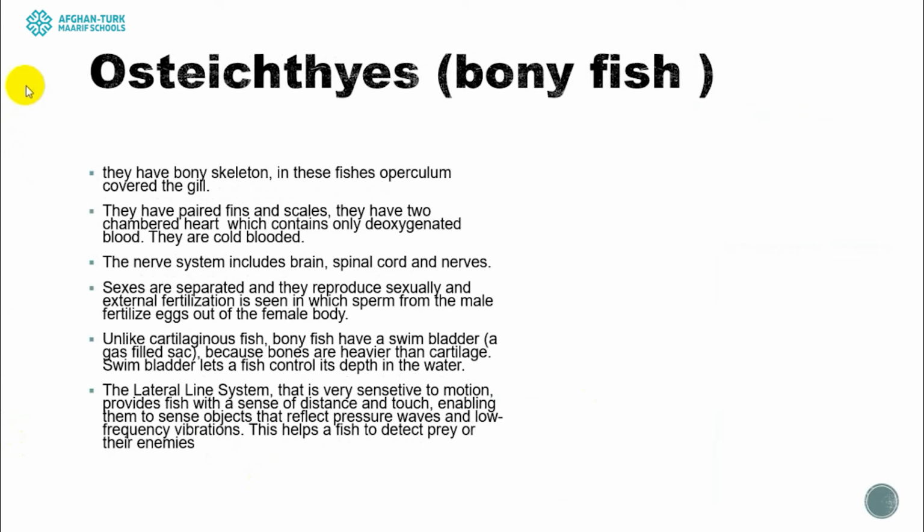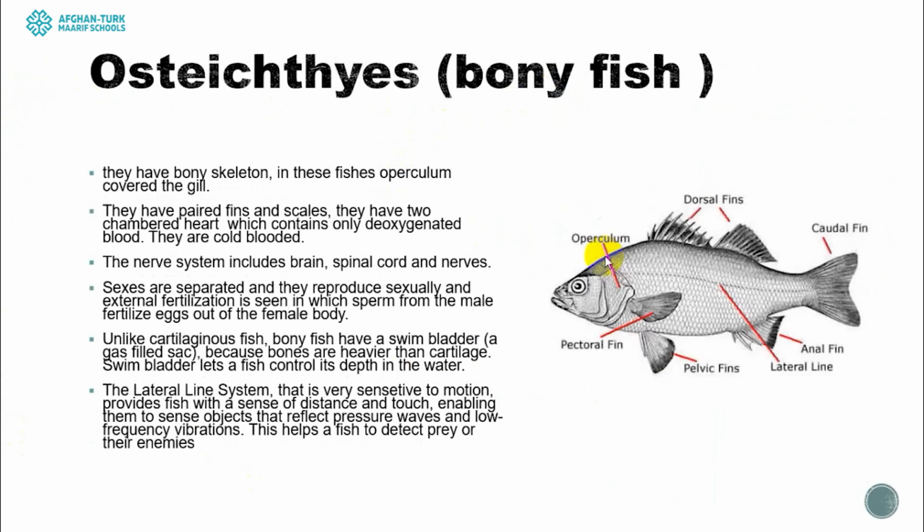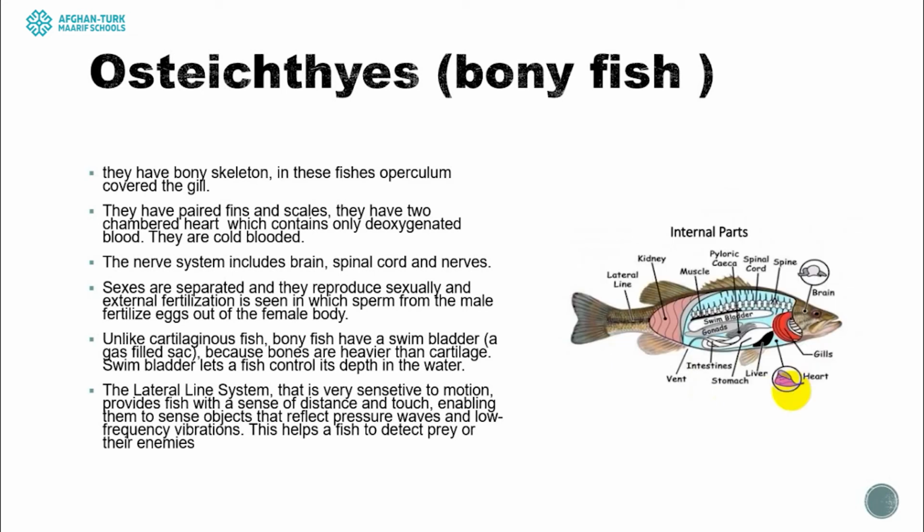The last class, Osteichthyes, or bony fish which got bones. These are also respiring with gills, and they got an operculum structure covering their gills, and also they have pairs of fins on both sides. They have a two-chambered heart which contains deoxygenated blood, and they are cold-blooded animals, so they do not possess a constant body temperature. They have to sleep during the winter because their body is not adapted to live in cold temperature.